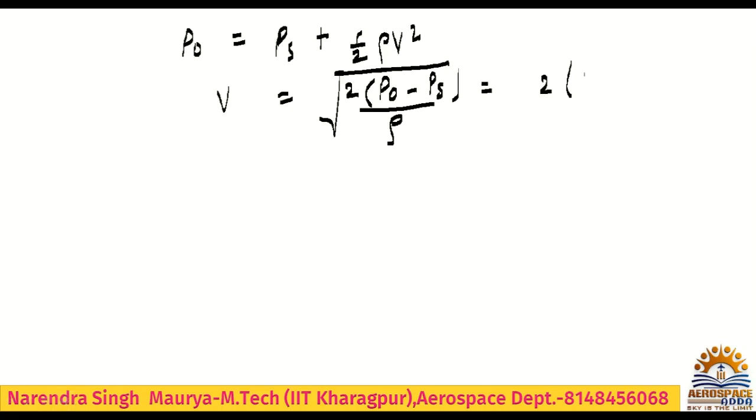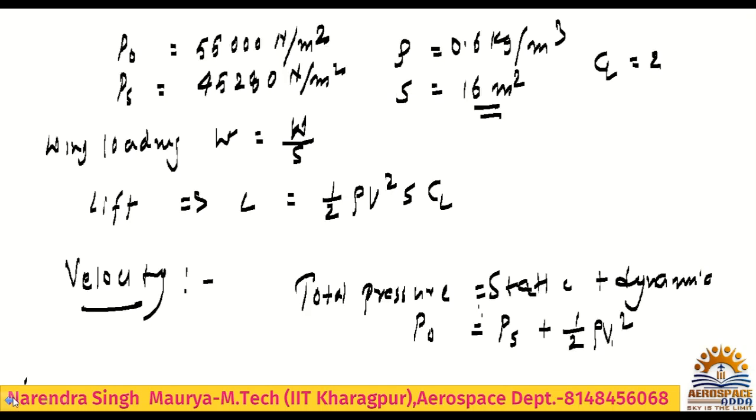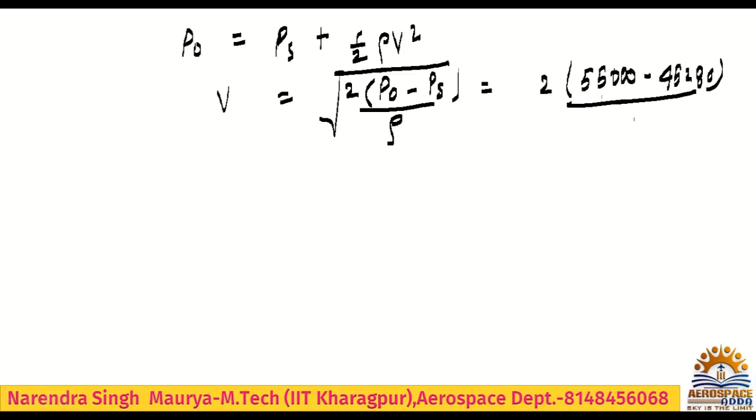It is nothing but 55,000 minus 45,280, divided by density. What is the density here? Density is 0.6. So let me calculate this value. Just wait, give me time.